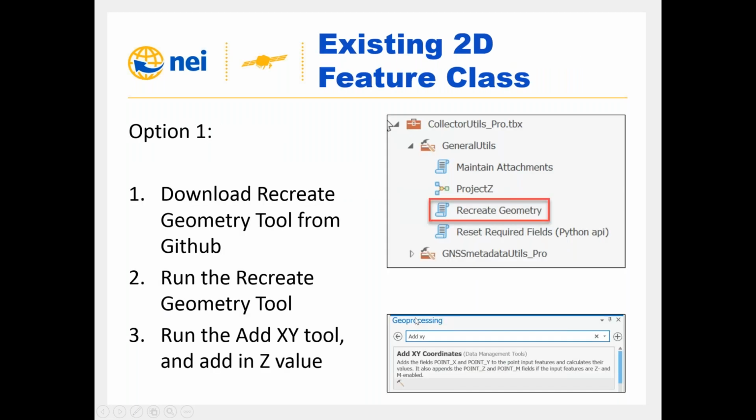Now, a lot of you may already have existing 2D feature classes out there. So you have a couple of options here. One is you can go out and download these tools from GitHub and use the Recreate Geometry tool. Once you run that, you would then run the Add XY tool, and it would add in a Z value. I have a couple screenshots right there.